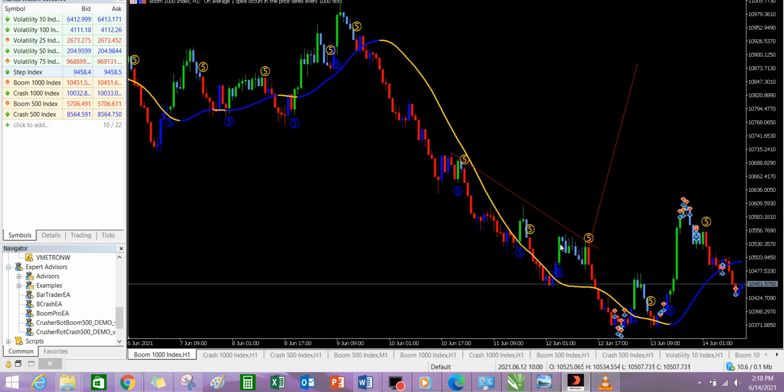If you should remember, I told you right here that if it is able to break this resistance level, then it will go up, but it was unable to break it. But this time around, that resistance level almost got broken here. This time around it is going back to that support level again. So if it should go up again, it is most likely to break this resistance level, and if it breaks it, then we should see it moving up to this level.